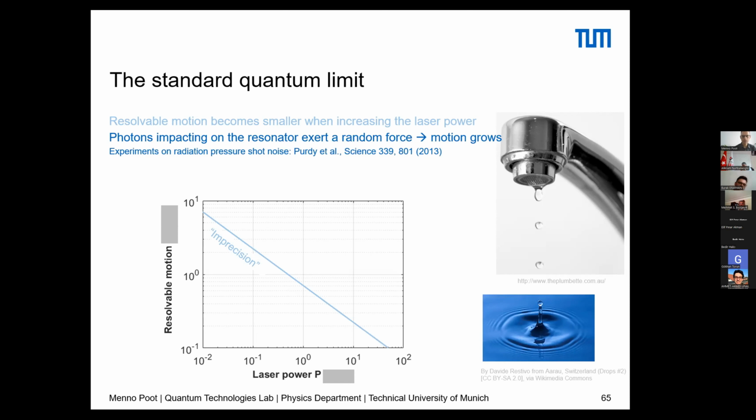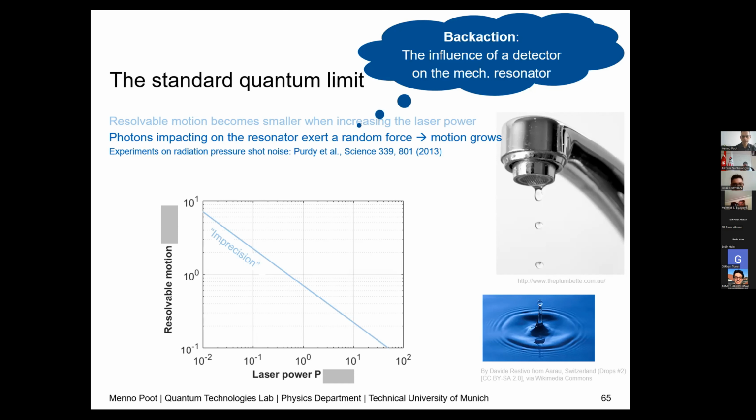So if we increase the power too much, then the motion that we're trying to measure will actually be larger. There will be more motion, not just the one that we're trying to measure, but additional motion coming from the random force of photons impacting on this resonator. And this is an example of something that we call in general backaction, which is the so-called influence of a detector on the object that you're trying to measure, in our case, the mechanical resonator.